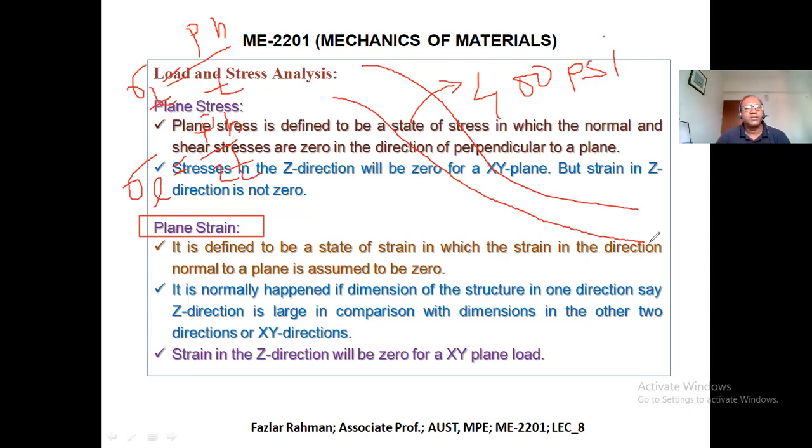Now, what is sigma L? Sigma L tries to work along the length of the pipe or pressure vessel. That means longitudinal stress, so some force is working in the longitudinal direction. Due to that force, obviously the length of the pipe will increase a little bit.